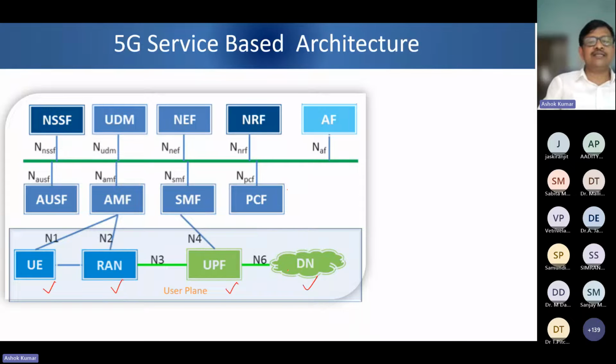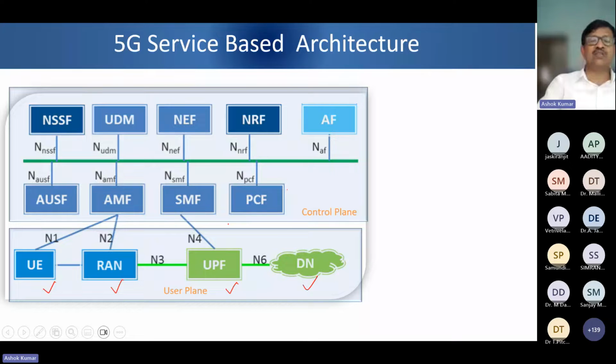When the user plane is connected to the top side, which is the control plane, we still have the N4 interface from UPF to SMF, N2 interface from RAN to AMF, and N1 interface from UE to AMF. So these reference point interfaces remain here, but all the rest of the control plane network functions are now on service-based interfaces.